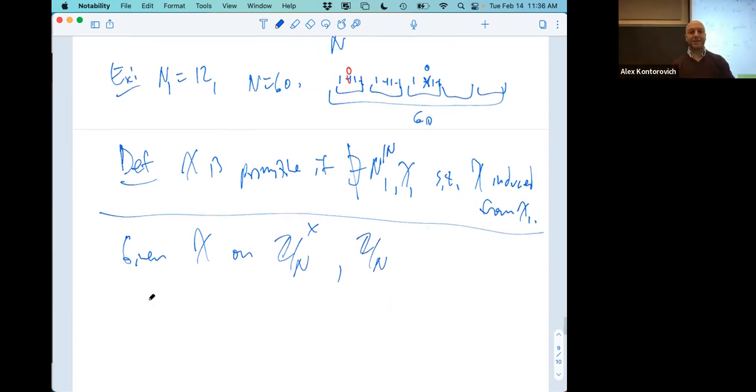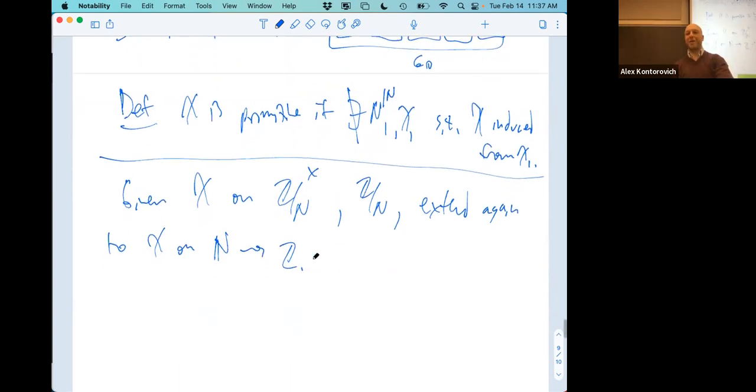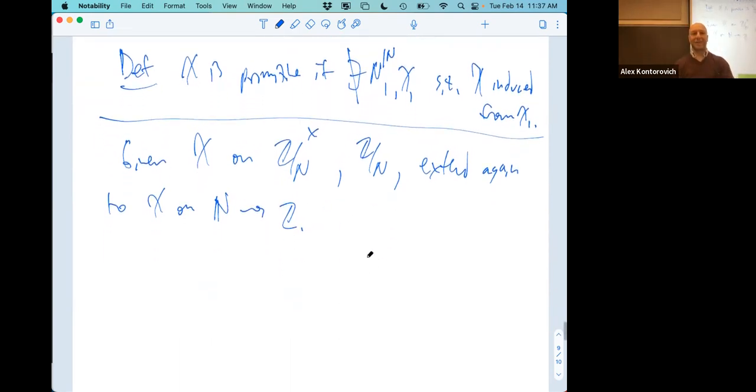We can extend it again to chi on either the naturals or even better up to Z, of course, by composing with the mod n reduction map.